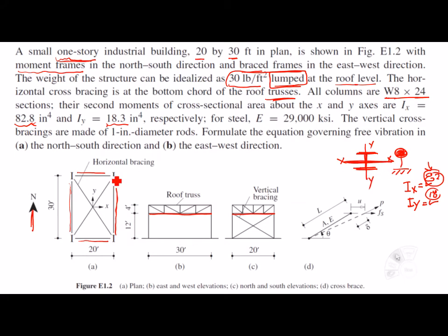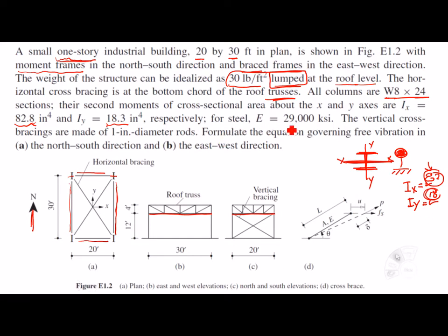This is why the moment frames are arranged in the north-south direction. However, in the east-west direction, you're going to find that the inertia of these columns is small, because it is only 18.